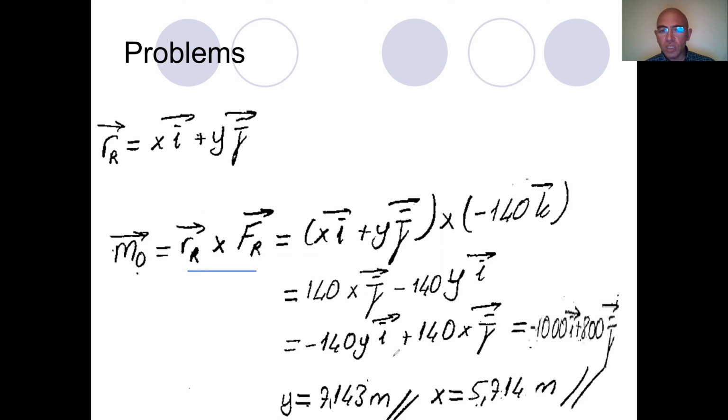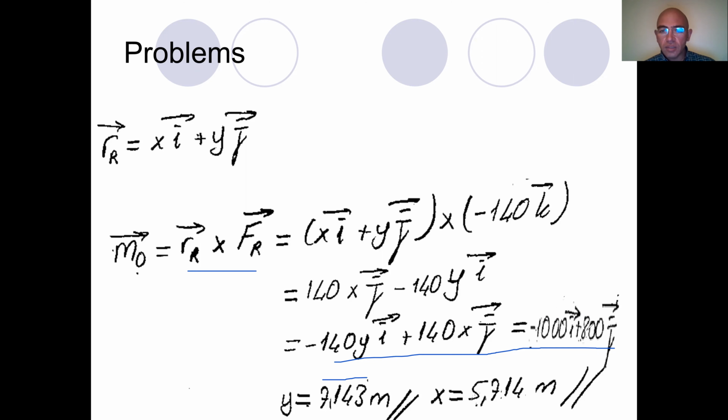Simply, this expression has to be equal to the moment generated with respect to the origin. Therefore, the components in the x and y directions have to be equal respectively. Therefore, we can find y from here. So 1000 divided by 140 will give us the y coordinate. It is 7.143 meters.